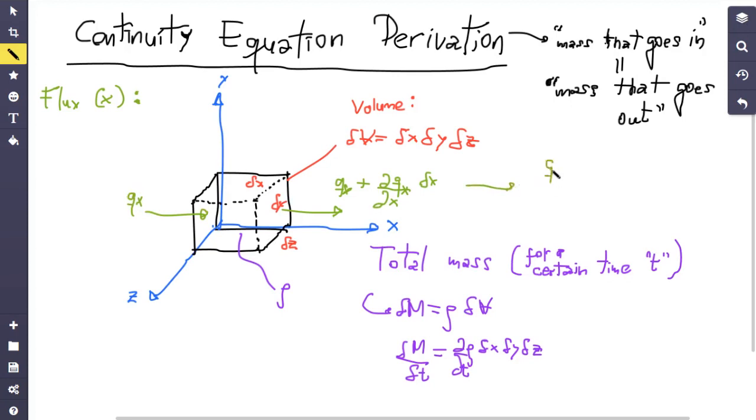The discharge in the x direction will be equal to ρ times u, which is the velocity in the x direction, times the area through which the flow is occurring, which is dz dy. So it's ρ u dz dy.